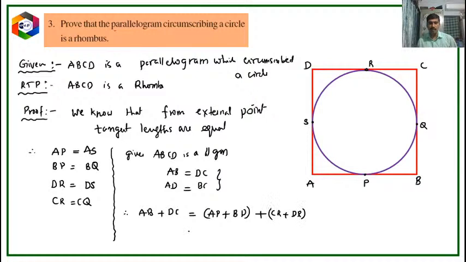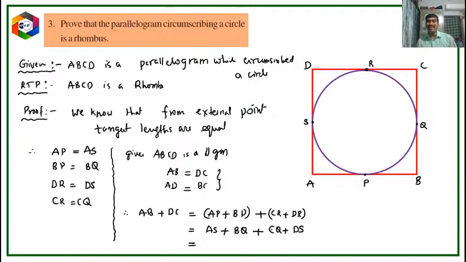CR plus DR. So now based on the external point, tangent lengths are equal. That again, AP I am replacing with AS and BP I am replacing with BQ, plus CR I am replacing with CQ and DR I am replacing with DS.